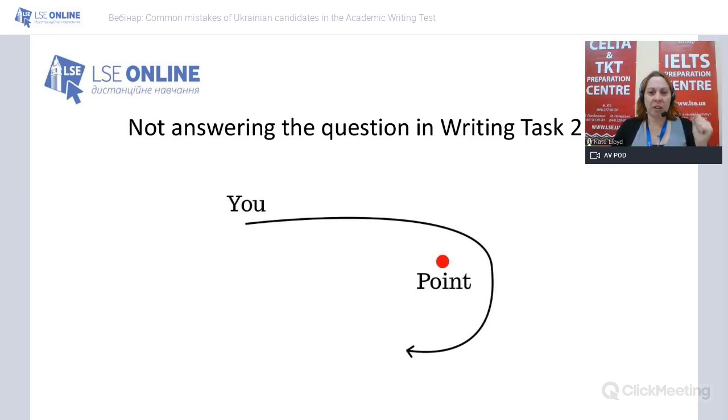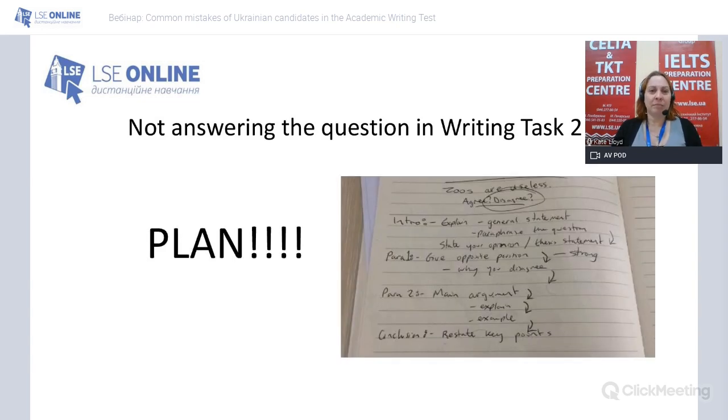The second one, make a plan. I know you don't have much time. You have 40 minutes. It's not long. There is no time to write a plan. But there is. If you write a quick plan, a couple of minutes, it doesn't take that long.